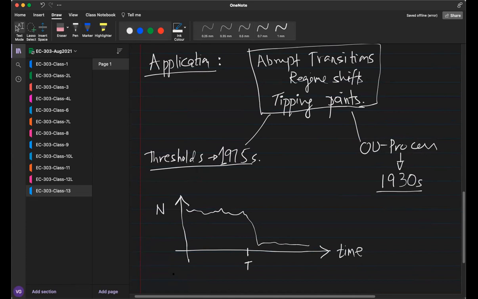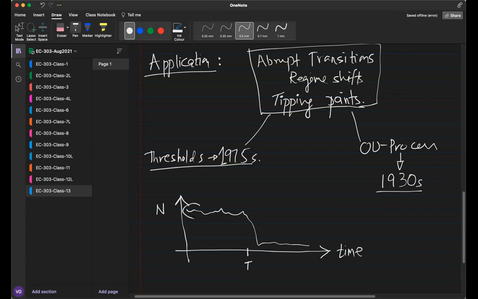Let us assume, for the sake of argument, that this is a perfect system where the model assumptions are valid. The basic idea of applying the OU process to thresholds, both put together in the context of real abrupt transitions, was the following.